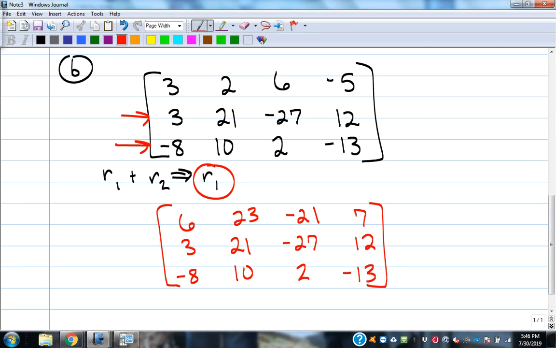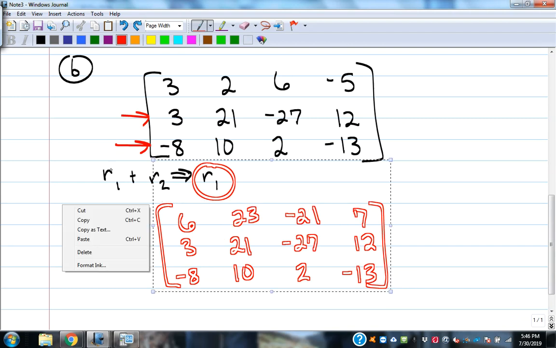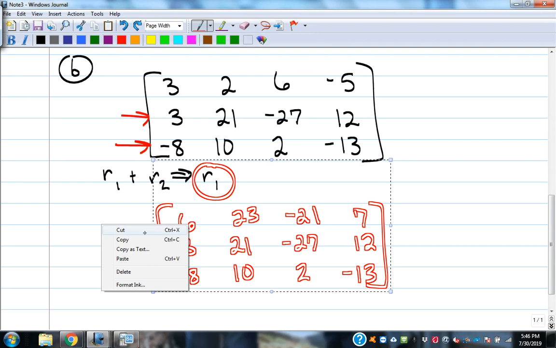That's my answer. Okay. Again, it's just taking what they give us and following directions. Nothing more, nothing less.